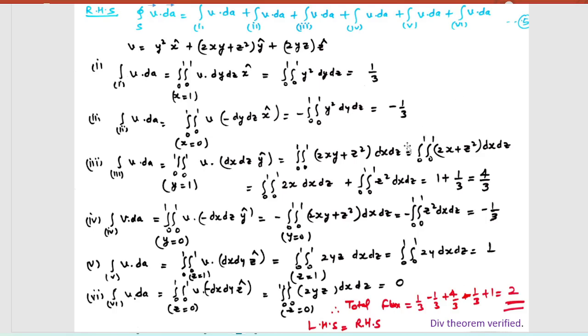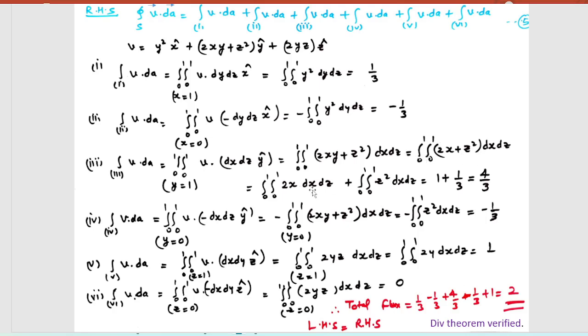So we have to again do for the third integral, that is y cap direction. So only y cap, this value 2xy plus yz square, this will give us the dx dz direction, and dx dz plane, and 2xy plus z square dx dz. And if you have the surface integral of this, then 0 to 1 on limit z dz, and 0 to 1 for the limit dx.